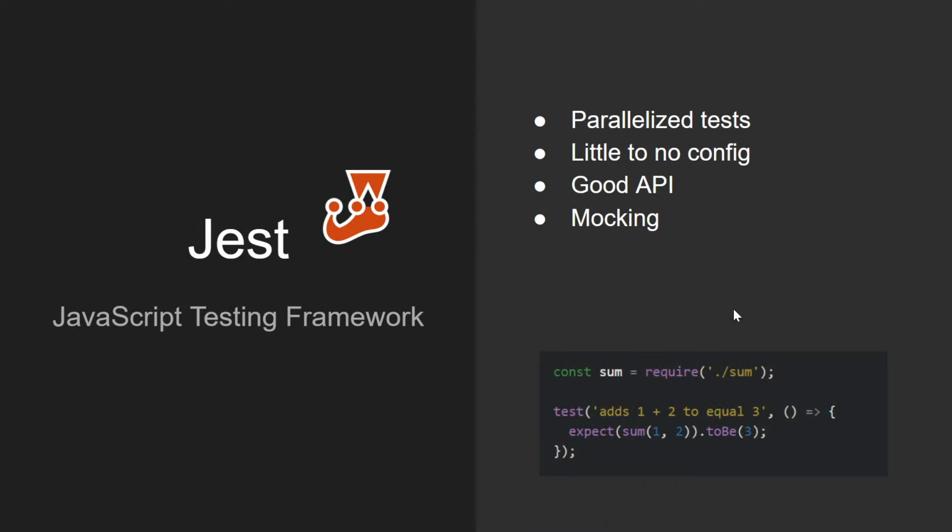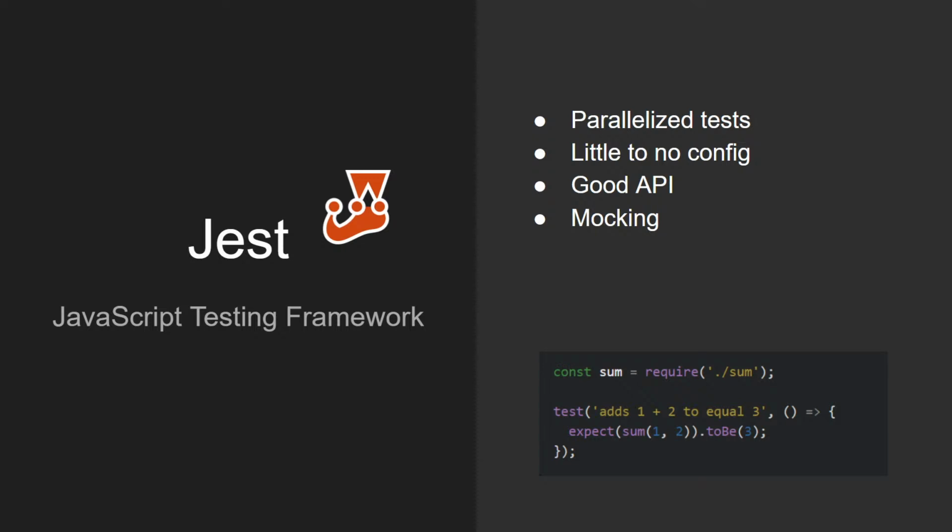So I'll just run through these real quick here. If you don't know, Jest is a testing framework from Facebook, as I said. It runs the tests in parallel to save time. There's usually no config involved in setting it up, and it comes pre-packaged with Create React App as well.